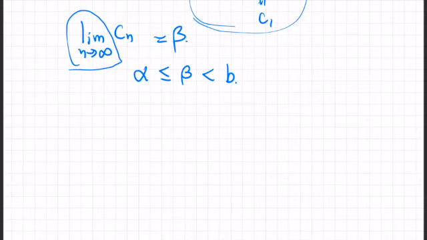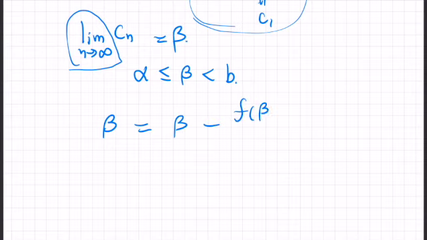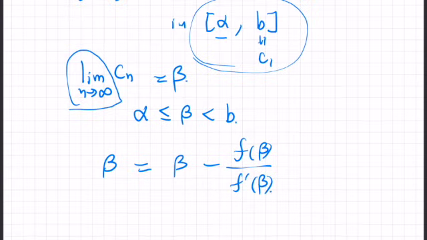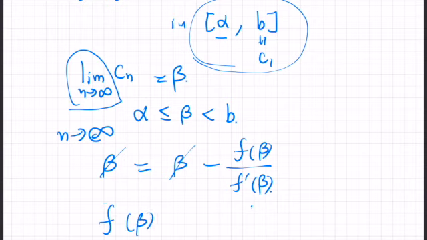After all, we should have beta equals beta minus f of beta over f prime of beta, as n goes to infinity. But this beta will cancel this beta, so the right hand side is equal to 0. So if you cancel the denominator, we have f of beta equal to 0.